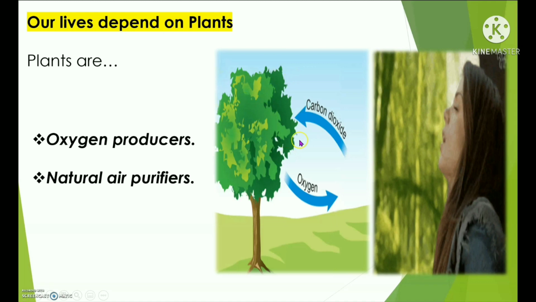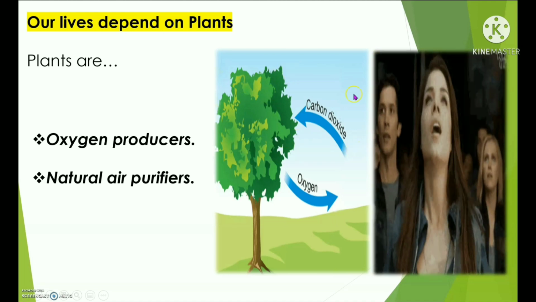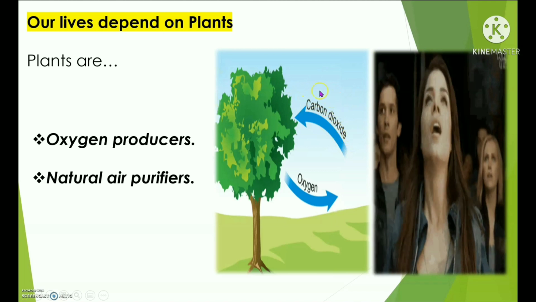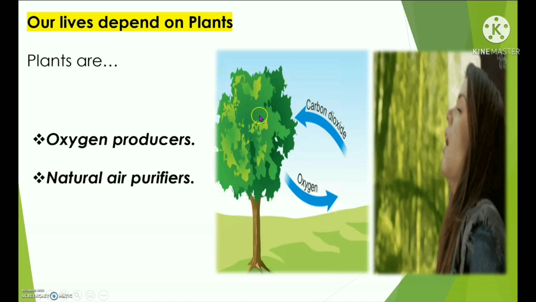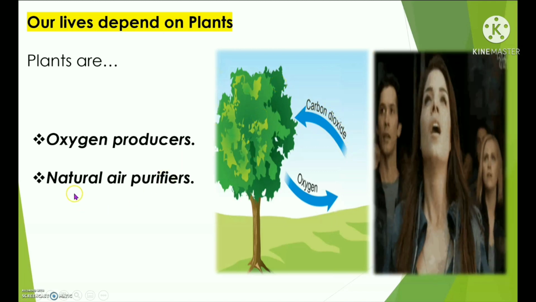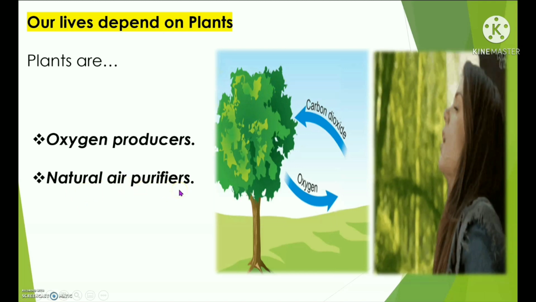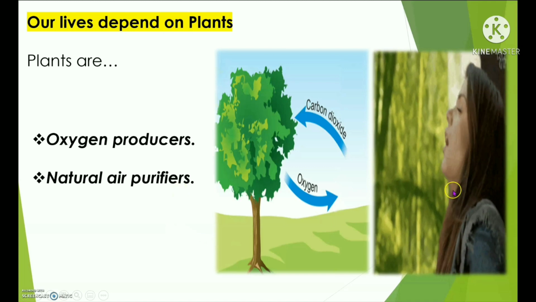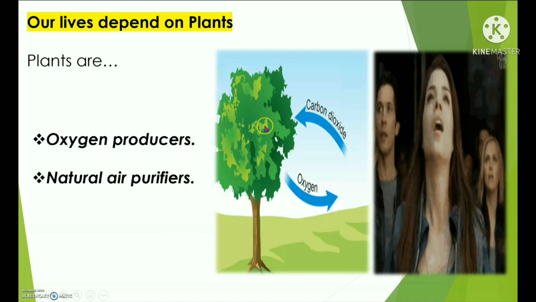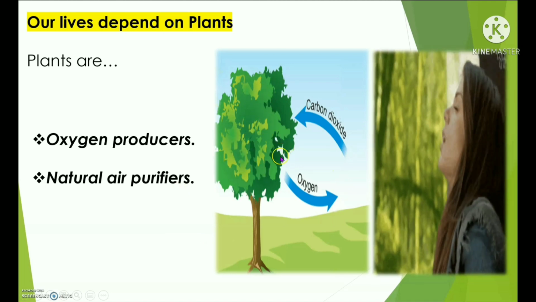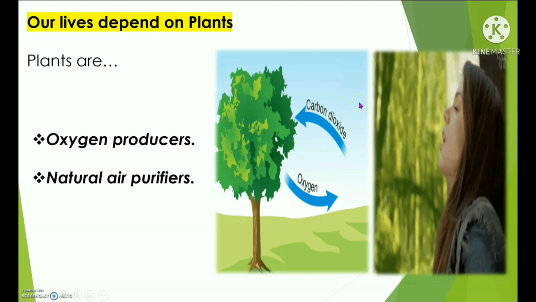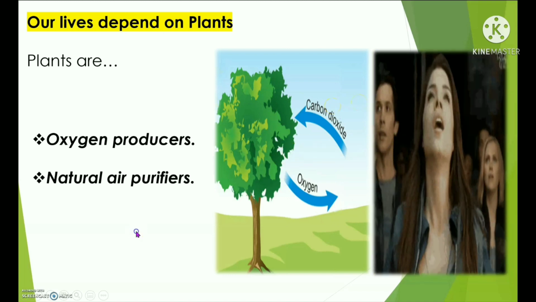So the trees help to clean the air by taking in the carbon dioxide that is around us. That's why they are natural air purifiers. That's why what we breathe is clean. The plants or the trees help to make the air in our surroundings clean.